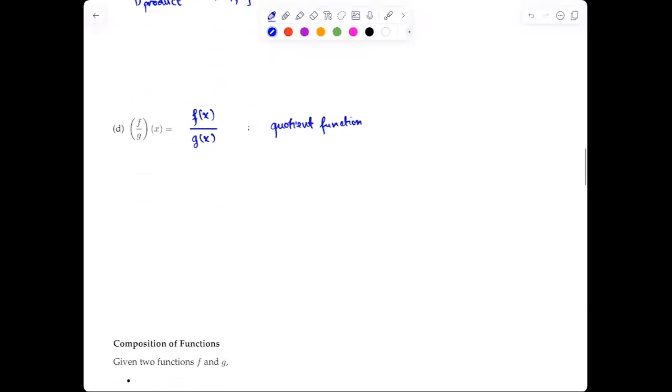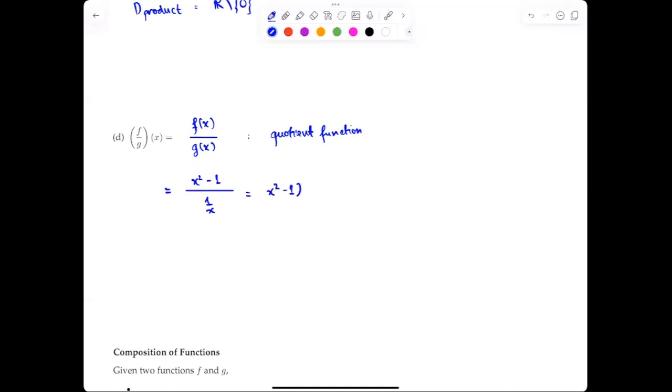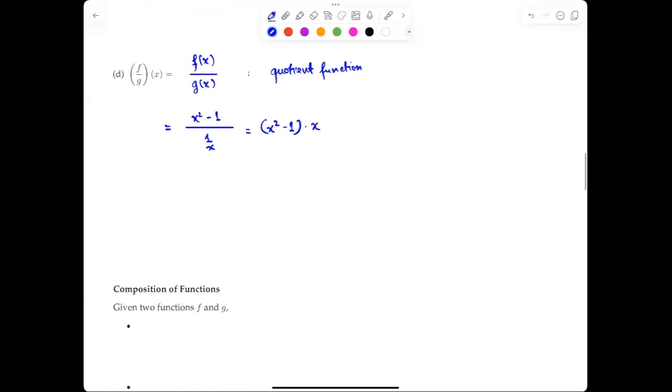Okay, so here's the setup. f of x is again x squared minus 1, over 1 over x. Because you divide fractions, you multiply by the reciprocal. So you have x squared minus 1 times x. So that's the answer.